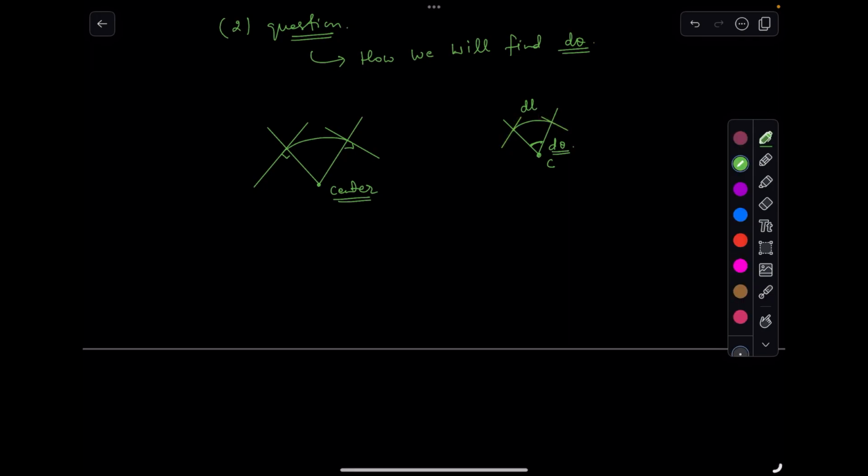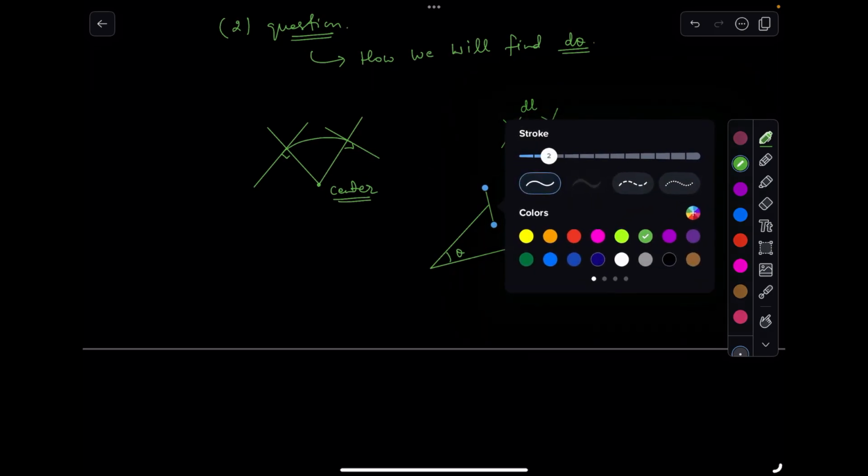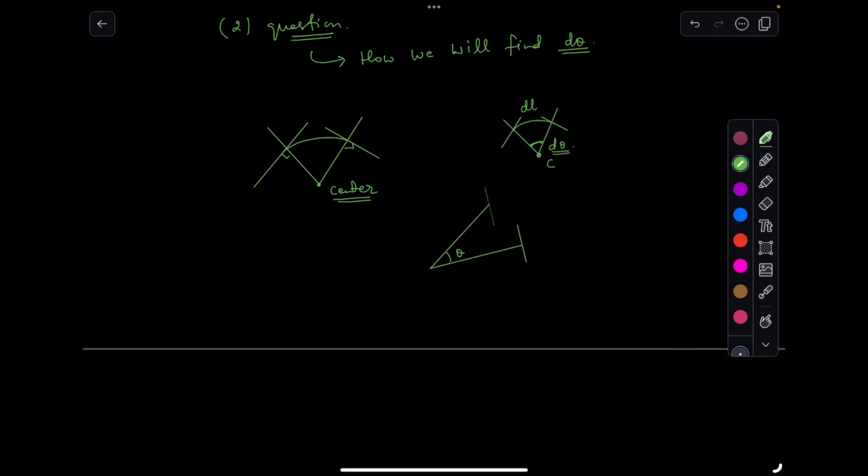Suppose I have a line and suppose this is the normal. If the line rotates by an angle theta, then it can be easily shown that this normal will also rotate by the same theta from the previous position.